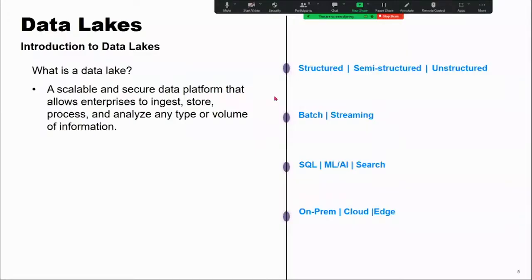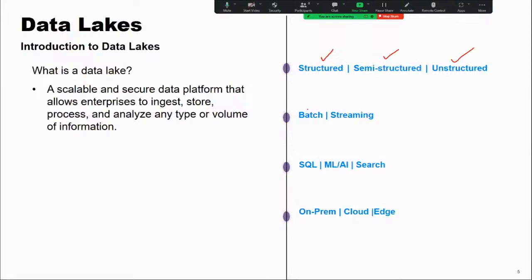We already know what a data lake is, guys. A data lake is a centralized repository to store or retrieve the data as per the business requirement. What kind of data can we store? You can see here. We can store structured data, semi-structured data, and unstructured data.